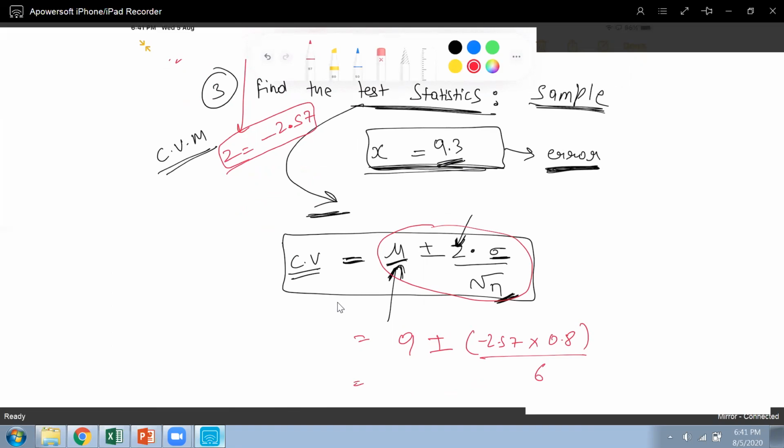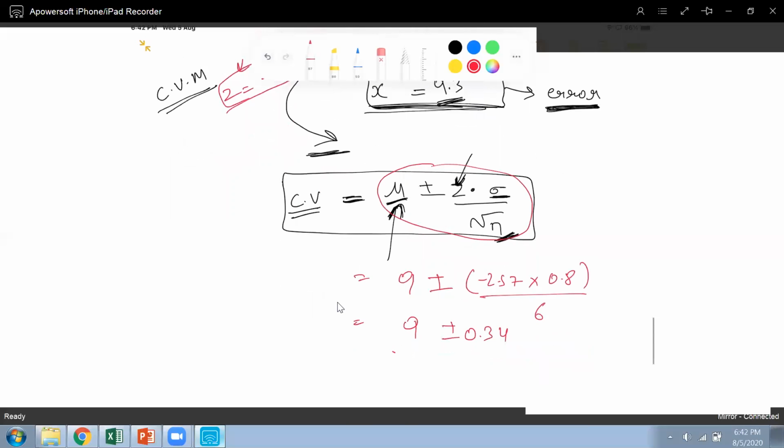Now could you find the value of this? 2.57 into 0.8 divided by 6. So it is plus minus 0.34. So 9 plus minus 0.34.